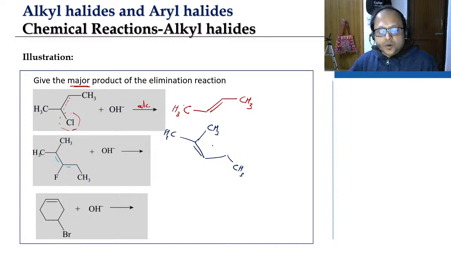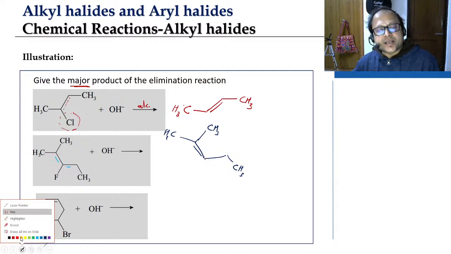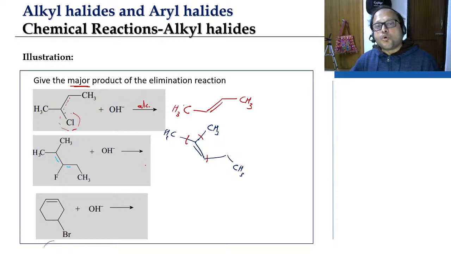So that means this is the major product. The lower one is not going to be major. Why not major? Because, as we discussed time and again, across the double bond you have got 3 alkyls. So more the alkylation, more the stability of the formed alkene, right?